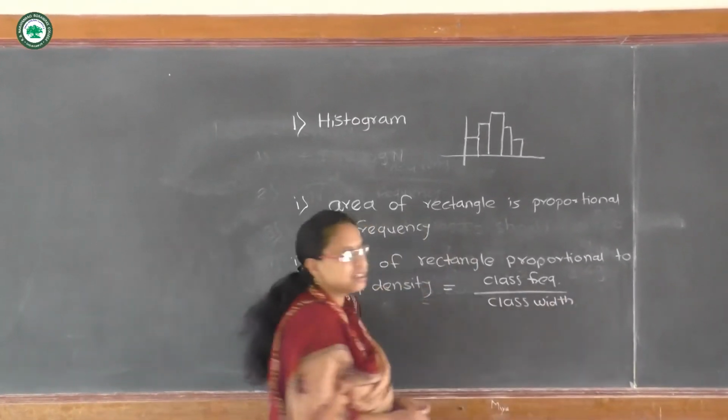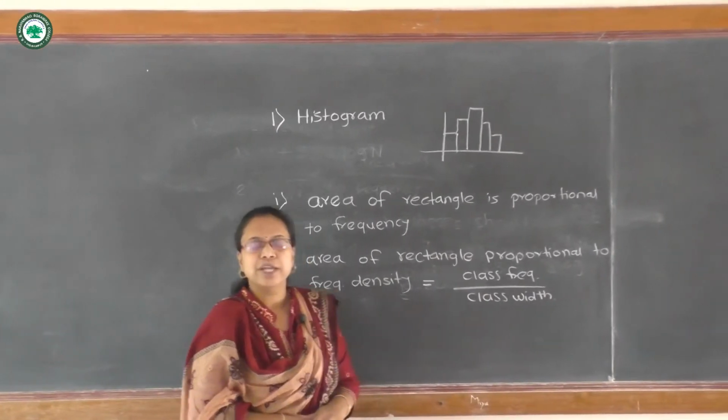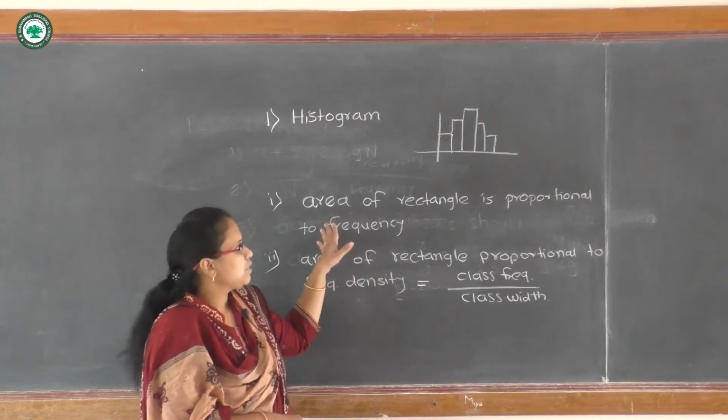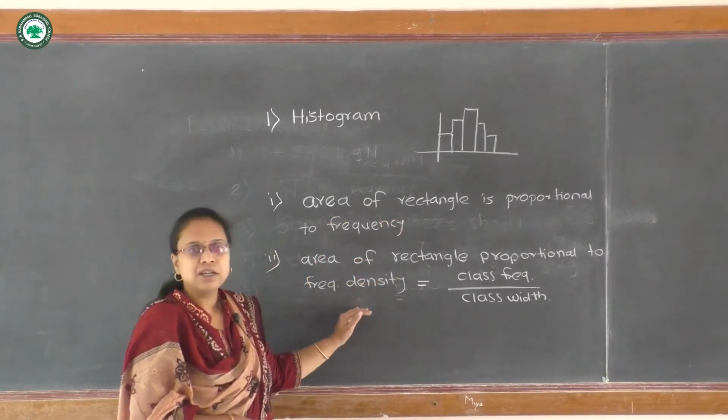So on the x-axis we take class width, and on the y-axis we take the frequency density. So these are the two cases, when class widths are equal and when class widths are unequal.